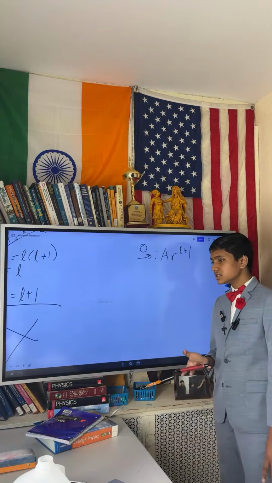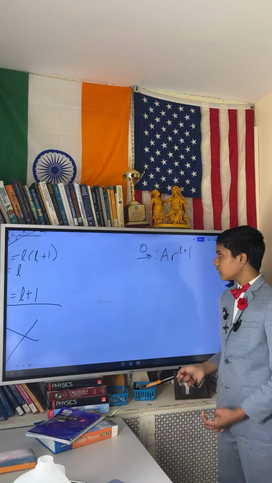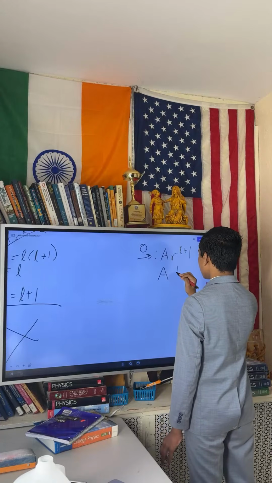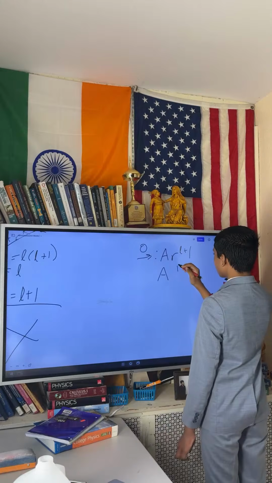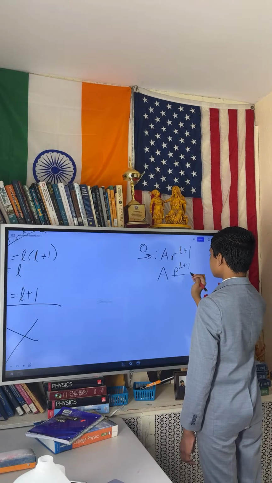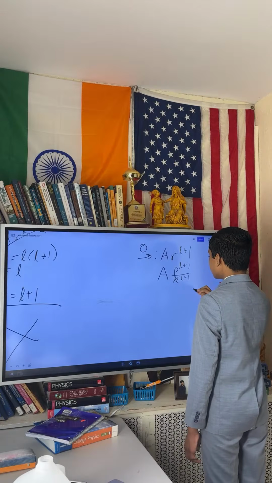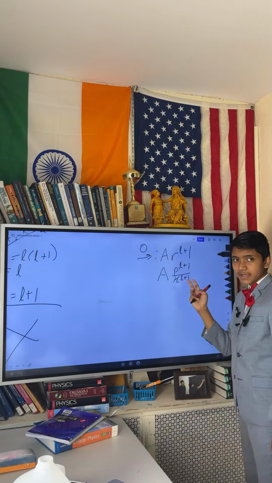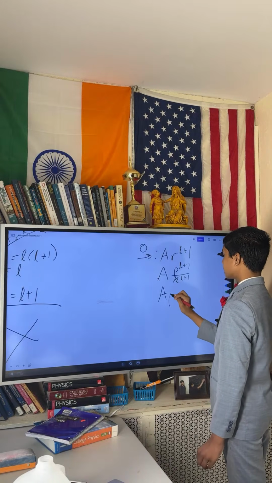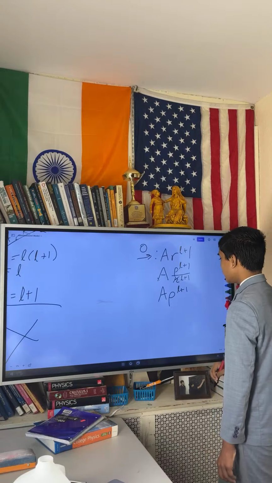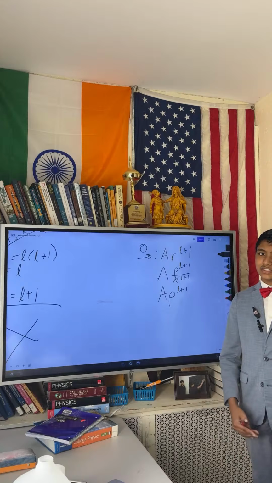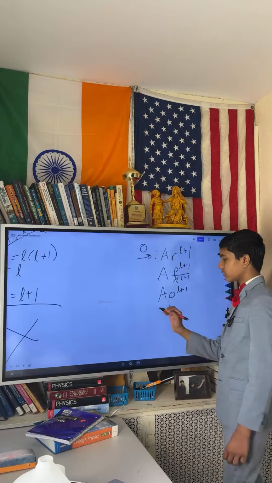So, now, since we're working around rho here, I'm going to rewrite this as a multiplied by rho to the L plus 1 over kappa to the L plus 1. But then I remember that kappa is a constant, and it can just be absorbed into a. So we now have a times rho to the L plus 1. And yes, a now changes with L. L is not changing over time. It's a constant, so it really doesn't matter.